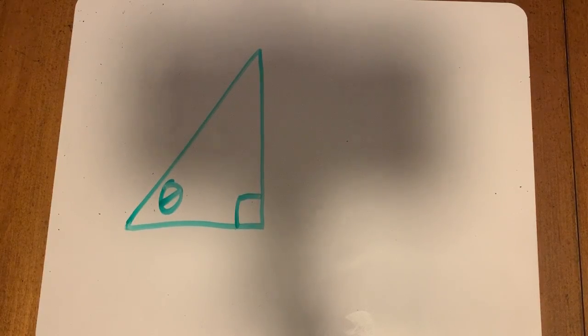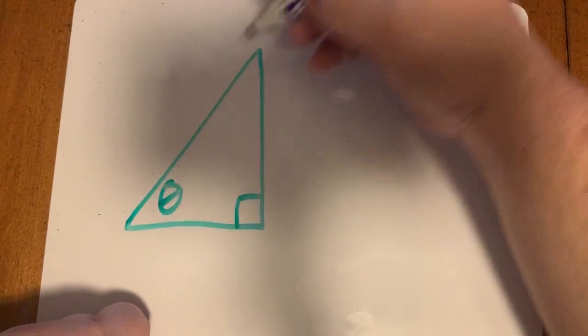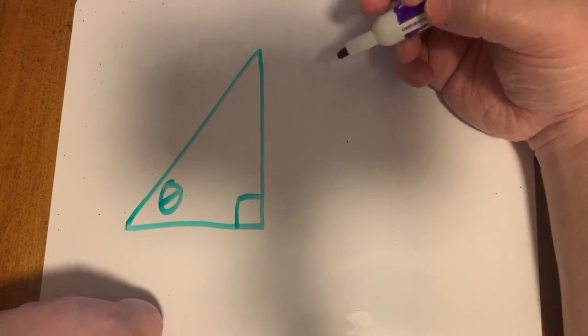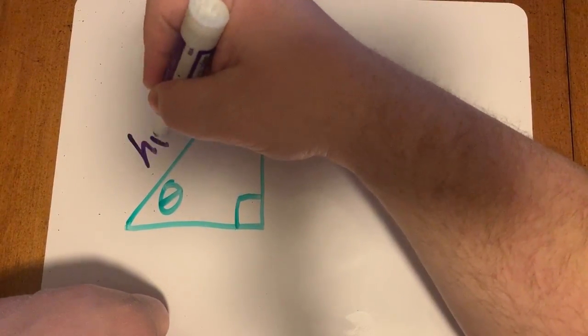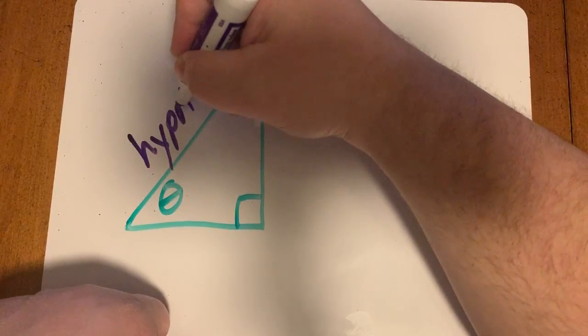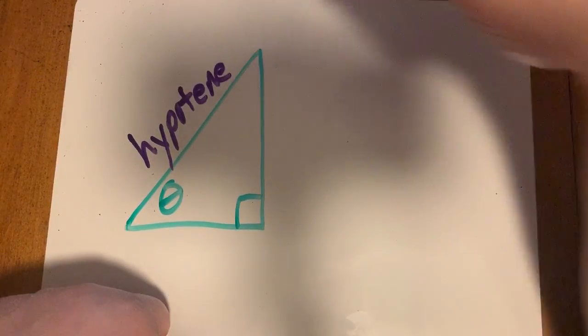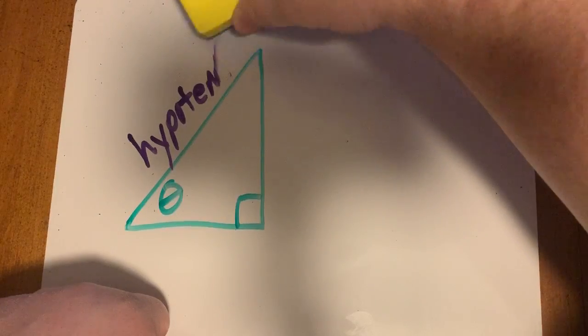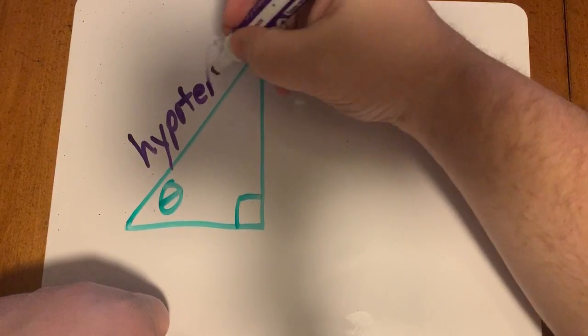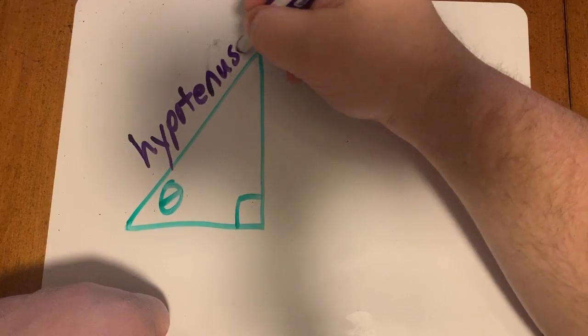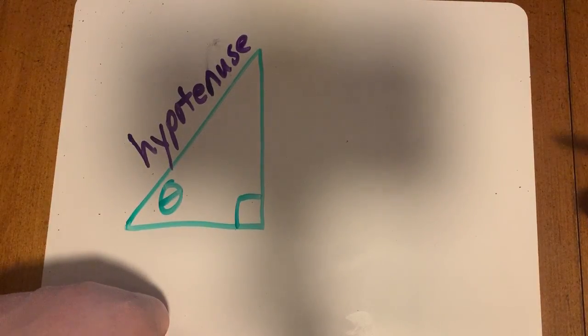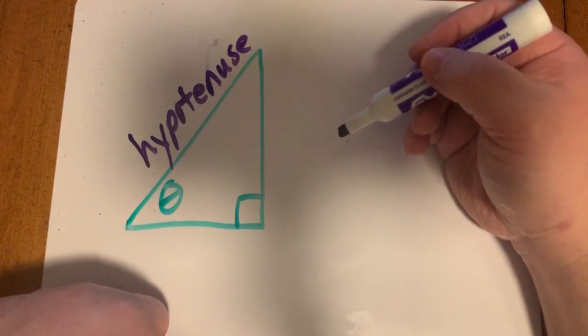Now, with respect to that angle theta, we have two legs, and then we have the hypotenuse. There's only one hypotenuse, so we don't need to differentiate between that and the other hypotenuse, because that's the only one. So we have the hypotenuse, and then we have two legs.